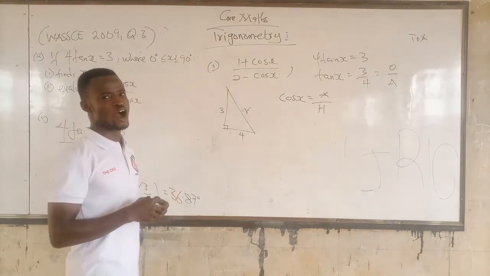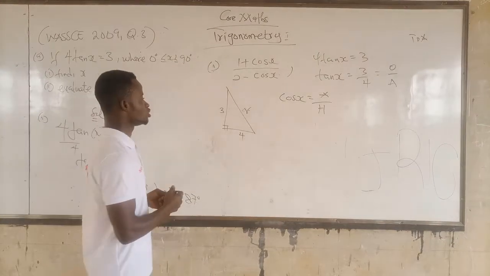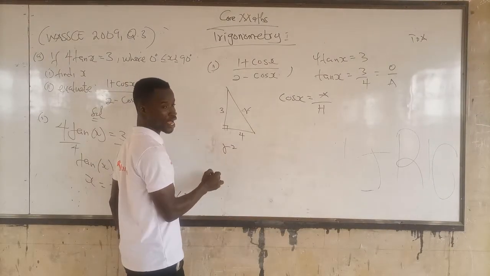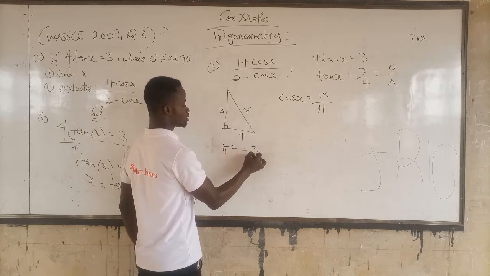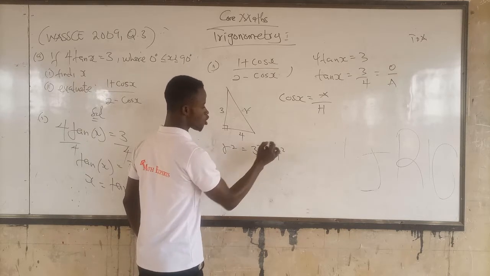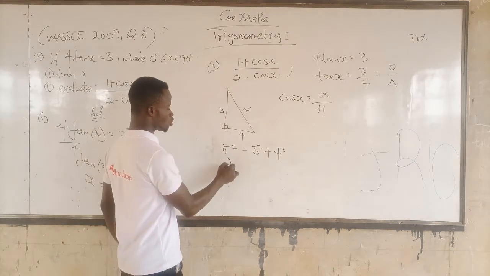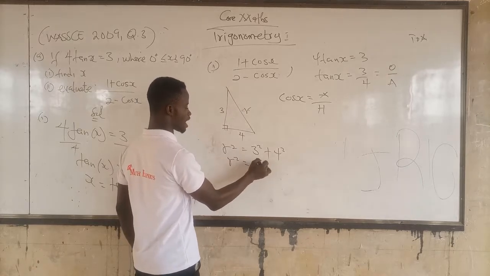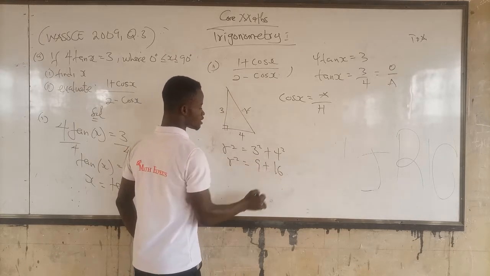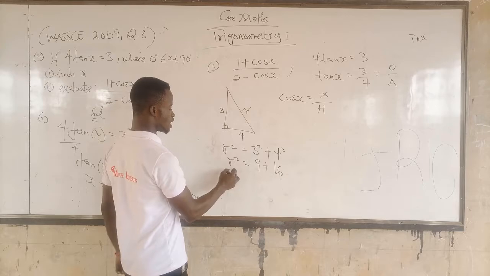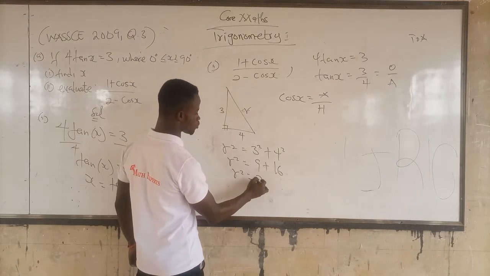So from the Pythagorean theorem, we know that the hypotenuse squared is equal to 3 squared plus 4 squared. So r squared is equal to 9 plus 16, and r squared is going to give you 25.